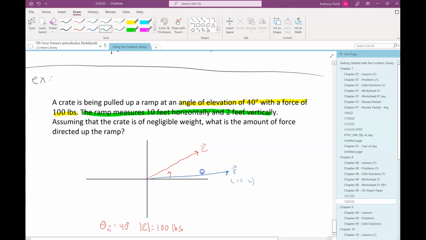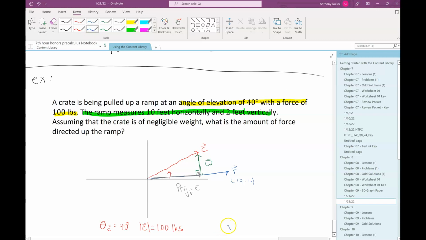So my projection vector is going to be here. Cool.